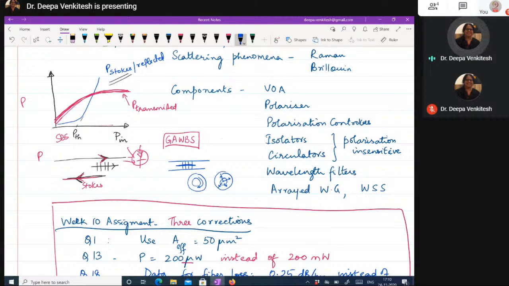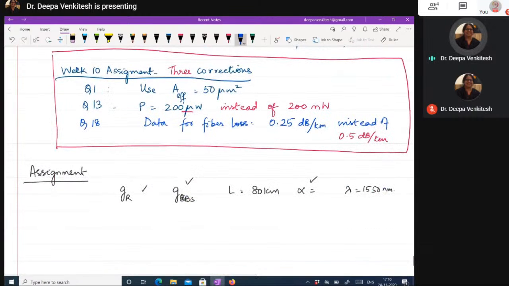So the first question of the assignment was to find out the SRS threshold. That's based on the formula that was given in the class. P threshold is 16 times A effective divided by g_R times L effective.